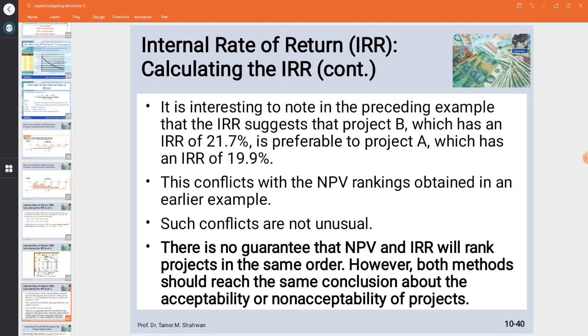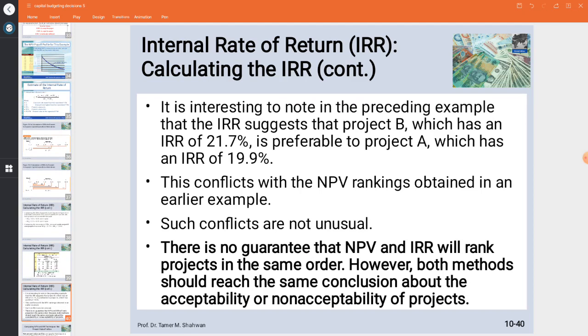Sometimes, when you are using NPV and the internal rate of return, you could have a conflict. Actually, there is no guarantee that NPV and the internal rate of return will rank projects in the same order.